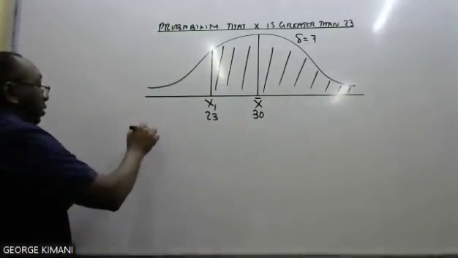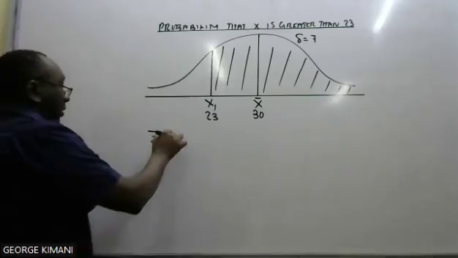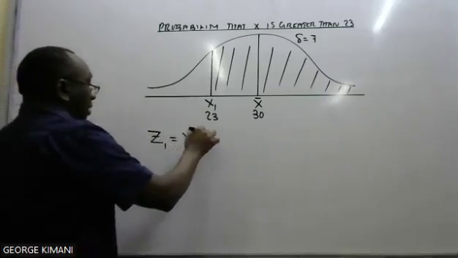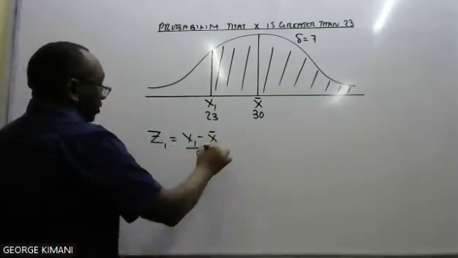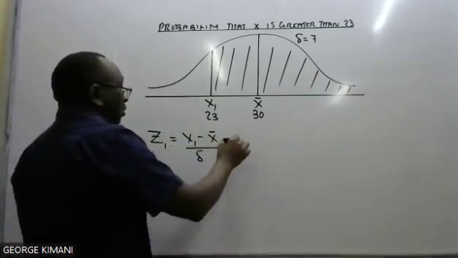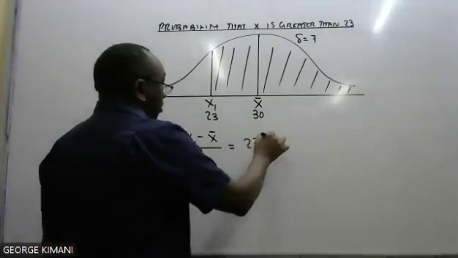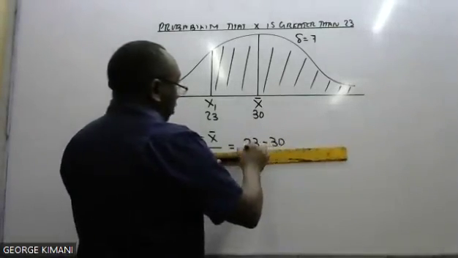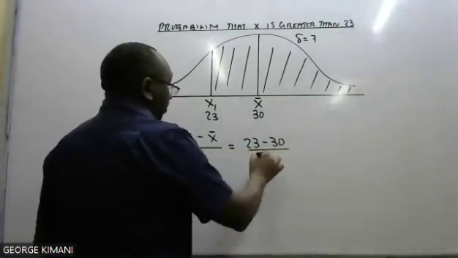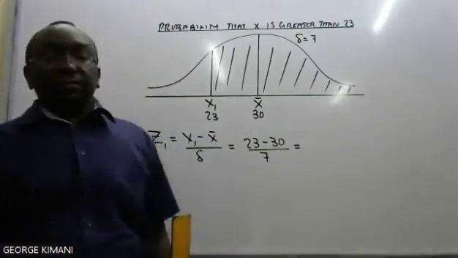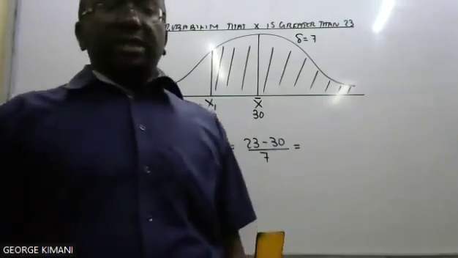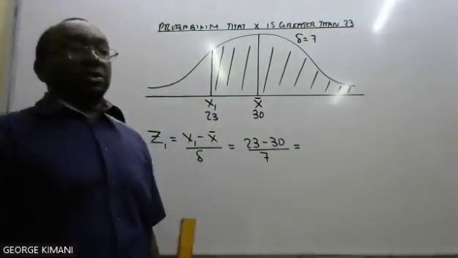Then below you say Z1 is equal to x1 minus x bar, divided by standard deviation. So this will be 23 minus 30, divided by 7. Give me the answer to 2 decimals. The values of Z are given to 2 decimals.